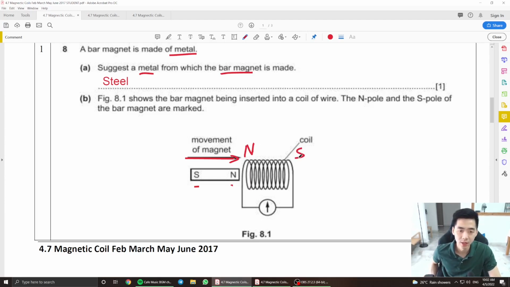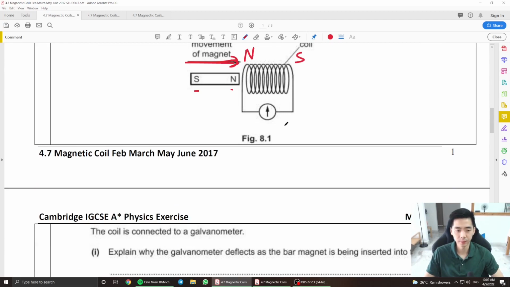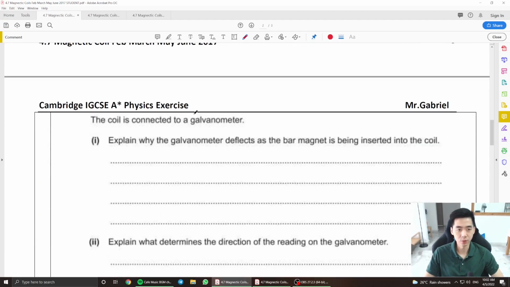This is because Lenz's law states that the current always opposes the motion producing it. So if I'm going in here, the only way to oppose my north is to create a temporary north here, yeah guys.